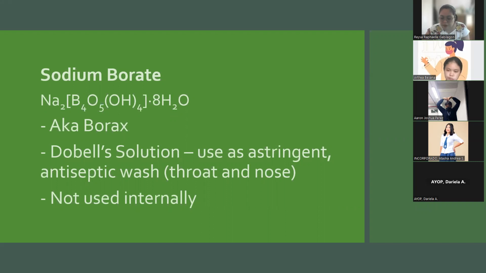Okay? But our astringents are not really a treatment for pimples or acne. It will just clean the surface and get rid of the oil. Okay? Because the bacteria that cause pimples really like oil. They thrive on oily surfaces.